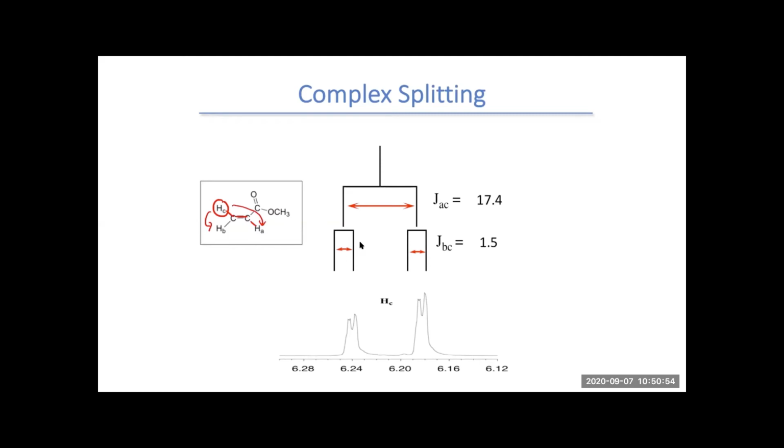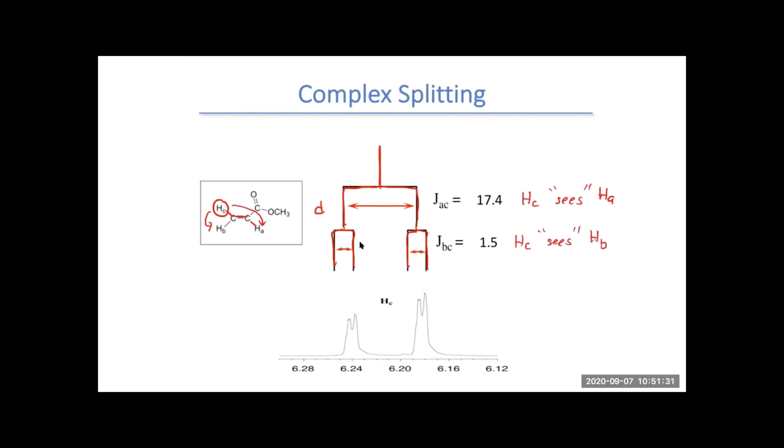So when we look at the actual peak, we can see we start with our singlet. That gets split into 2 when HC sees HA. And then that doublet gets split into 2. And that occurs when HC sees HB.